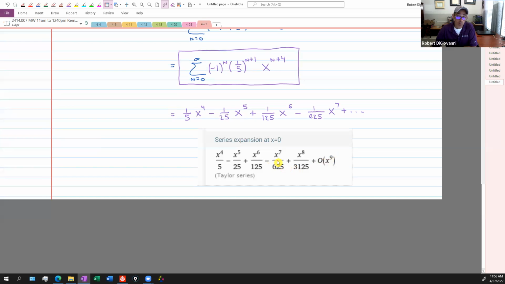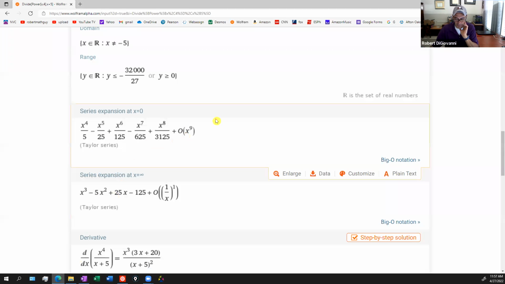Now they went out more than we did, and it took them less time. So we got these, and then you see this O(x^9), it's just saying it's stopping at the ninth power of x. There's more to this, but it's stopping here. I think you can actually ask it for more. No, it won't let you have more.